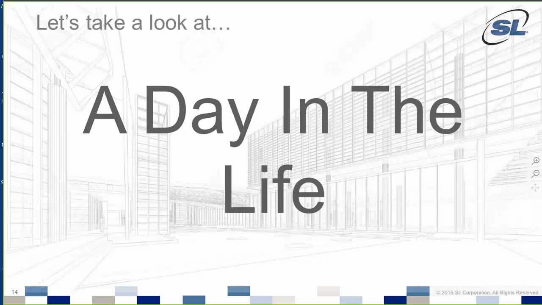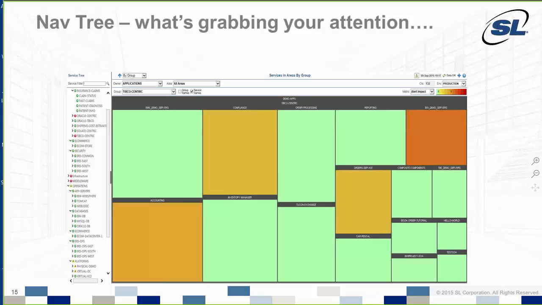Your day would normally be responsive. When you're coming in, you're looking at emails, you're looking at your alert screens, trying to identify what problems exist, what problems have been passed to you from the previous engineer, and trying to resolve or escalate those problems. That's going to take the initial part of your day.